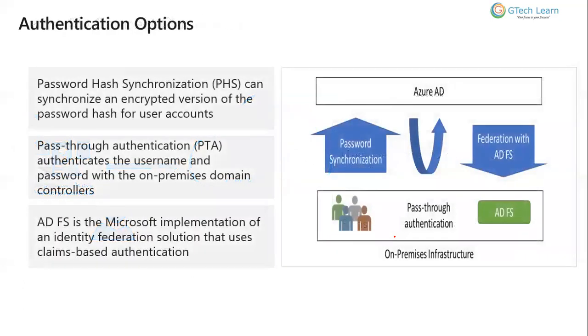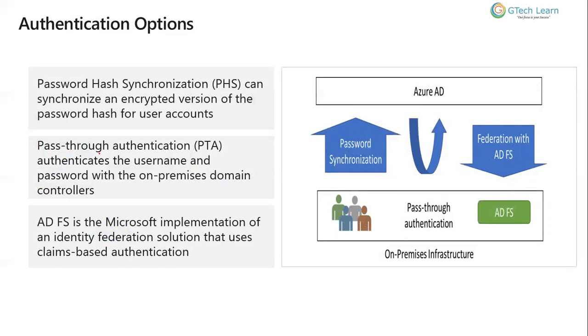And talking about the authentication options, when we are implementing Azure AD Connect, we have multiple authentication options. The first one is password hash synchronization. By using that option, all the user details are synced with Azure Active Directory, and when a user tries to sign in, the authentication is managed by Azure Active Directory.